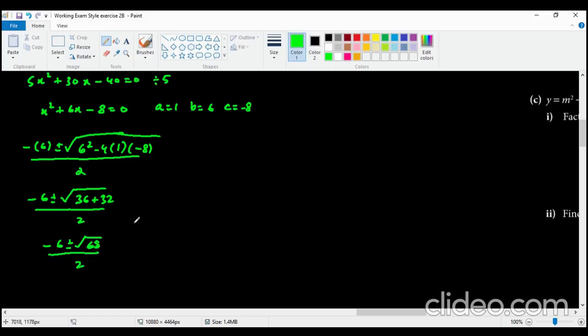And the under root 68 value, once you find out in the calculator, it's going to give you plus 8.25. Once I will write with plus, and once I will write with minus, 8.25 divided by 2. So this is going to give us negative 14.25 divided by 2 and 2.25 divided by 2.